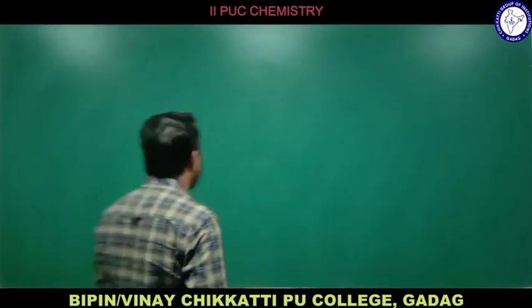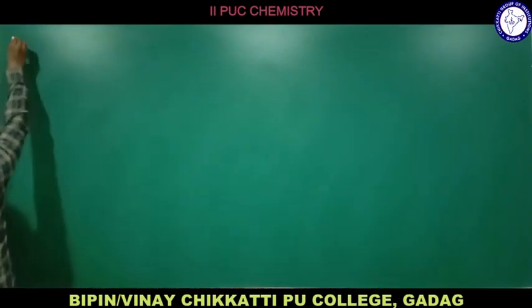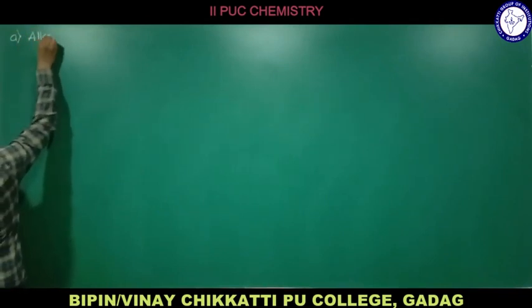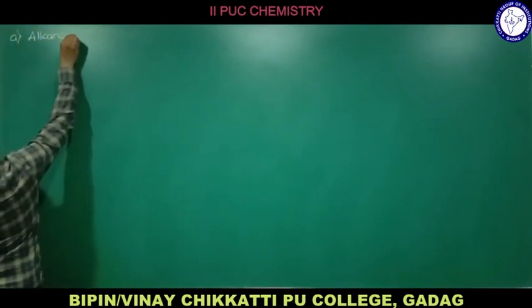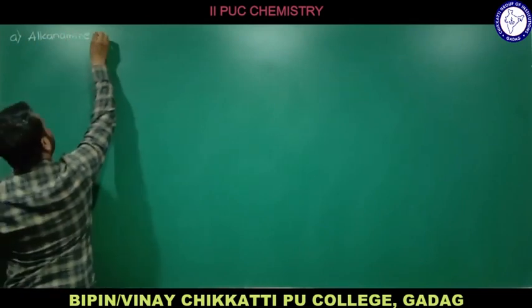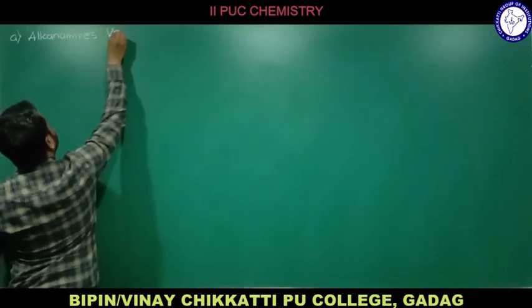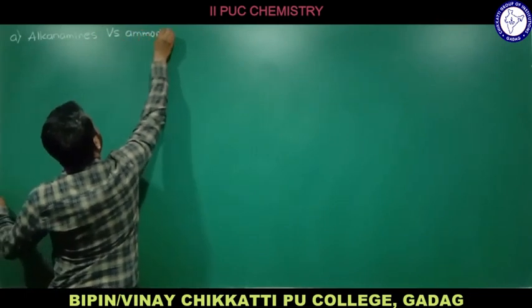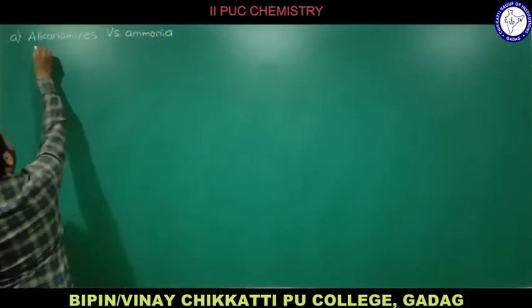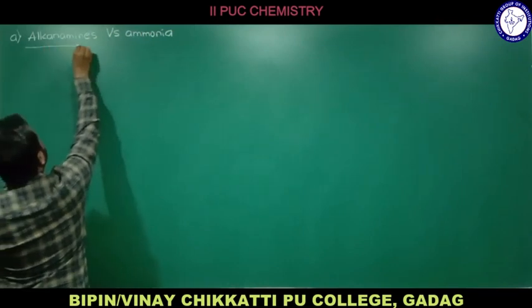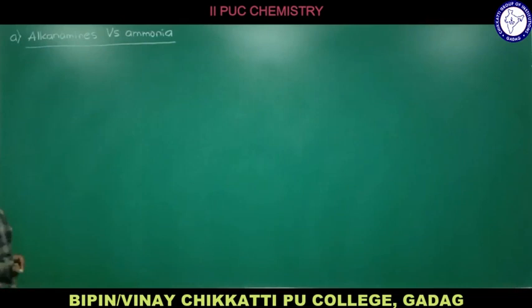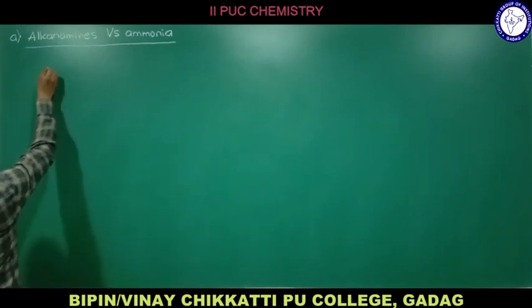First I am going to consider the comparison of basicity of alkylamines versus ammonia. We'll compare these two and try to figure out which one is more basic and which one is least basic. So first let me consider one simple example.